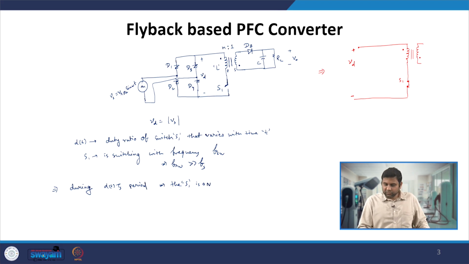So since the S1 switch is on, here we are directly applying Vd voltage onto the coupled inductor, which is onto the other winding, which is actually wound on the same core.